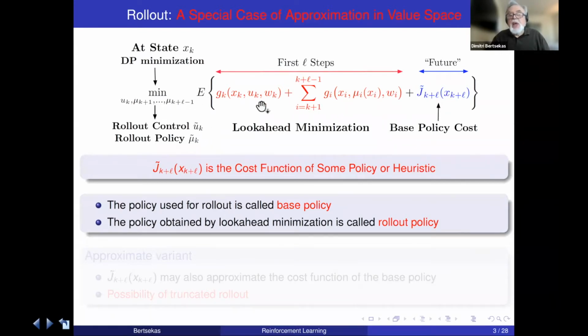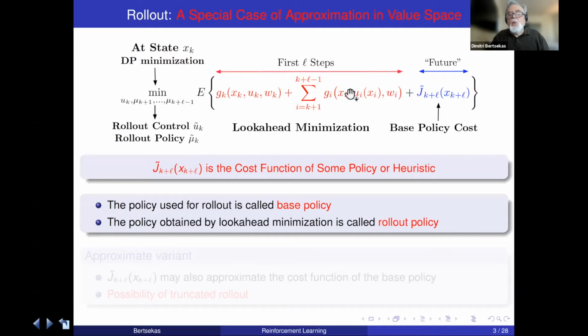Of course, this minimization involves a finite horizon, stochastic problem. We minimize over uk, the first control at the state that we know, and the policies for the future states that we do not know, cannot predict because they involve randomness. We get this thing here, we throw away the mu stuff, we keep uk, and this is the rollout control that we apply and defines the rollout policy.